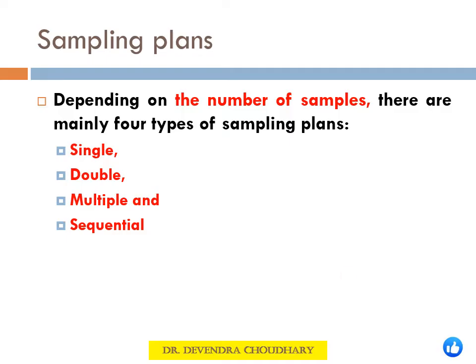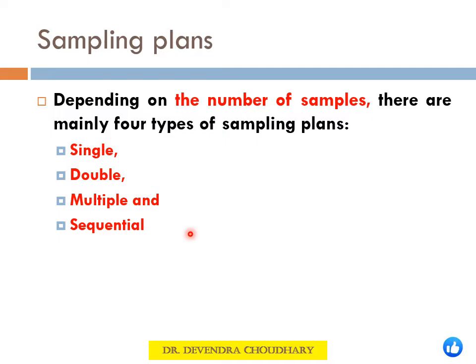Now, depending on the number of samples based on which a decision is made about the submitted lot, we can have four types of sampling plan: single sampling plan, double sampling plan, multiple sampling plan, and sequential sampling plan.